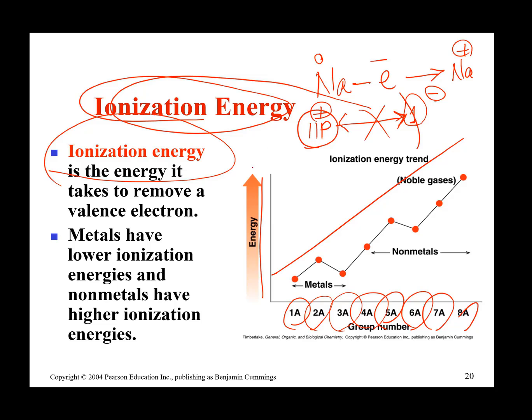Energy is increasing as we move left to right. The energy needed to remove one electron from one atom increases. So that means group 1A is easiest to remove an electron from, easier than group 2A.